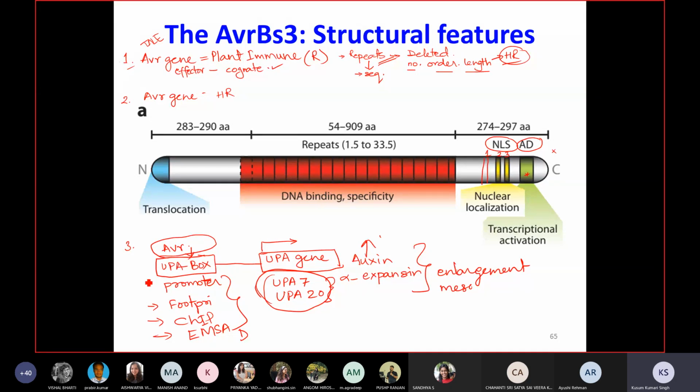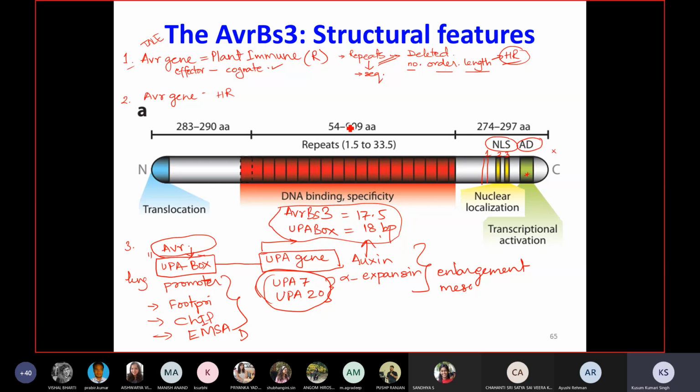found that the UPA box length, for example, always corresponds to its repeated sequences. For example, AvrBs3 contains 17.5 repeats. So exactly, your UPA box sequence length would be around 18 base pairs.